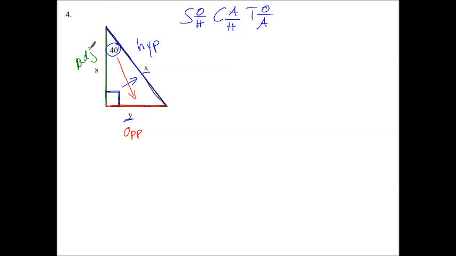So for our x, we need the hypotenuse, we have the adjacent. That means we're going to use the cosine. The cosine of 40 degrees is equal to 8 over x. x in the denominator means we will divide eventually, solving our proportion.